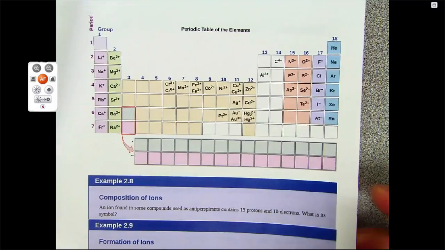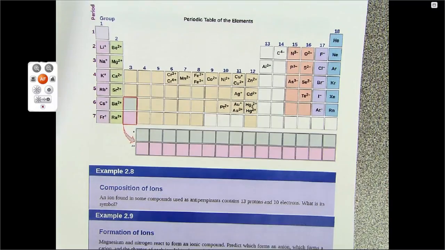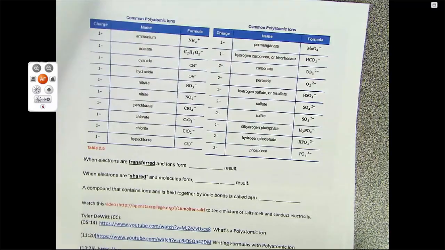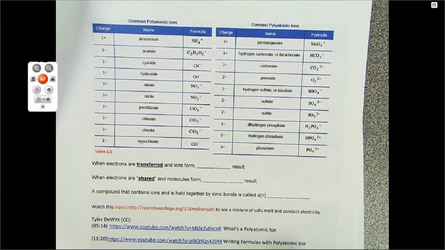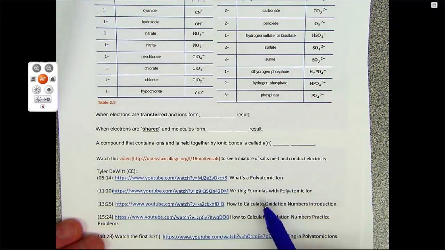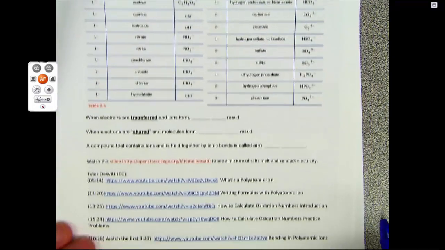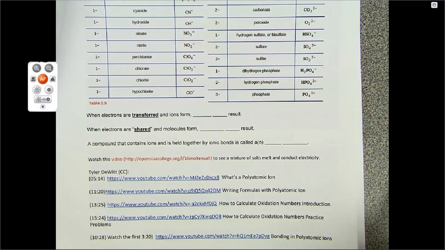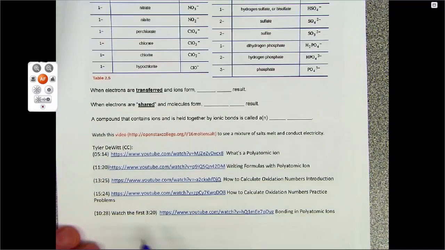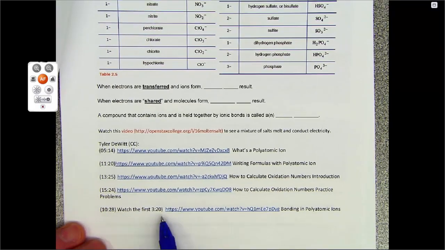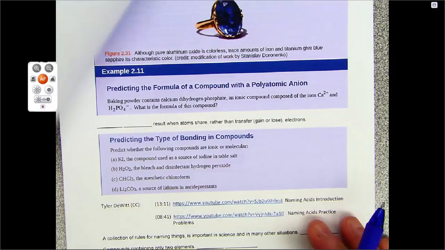Tyler DeWitt also explains this in his recordings. So there's a polyatomic ion recording here, and nitrates, perchlorates, and so on are polyatomic ions. This one here tells you how long the recordings are, and this one is 10:28, but it just says watch the first 3:20.